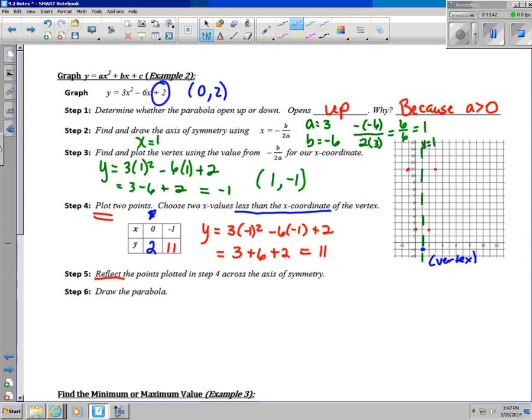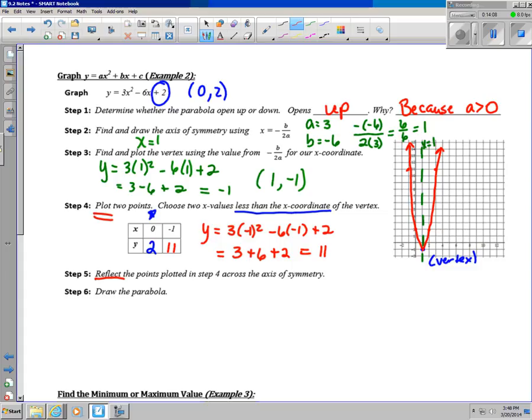It's just like a reflection. If I'm 1 to the left of the line of reflection, I'm 1 to the right. If I'm 2 to the left, I'm 2 to the right. That's how it works with a parabola. It's nice and symmetrical. And then once you've reflected your 2 points, you just draw a graph upward, as smooth as possible.